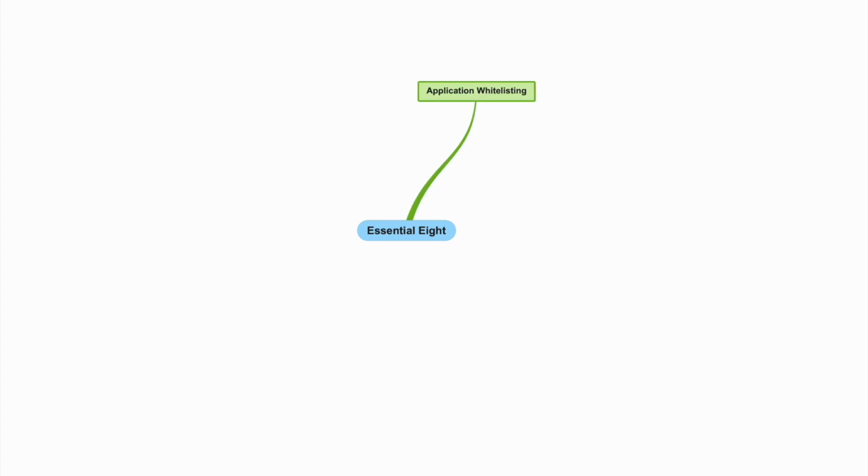First is application whitelisting. Application whitelisting is a security measure that allows only approved and authorized applications to run on a system while blocking or preventing the execution of unauthorized or malicious programs.